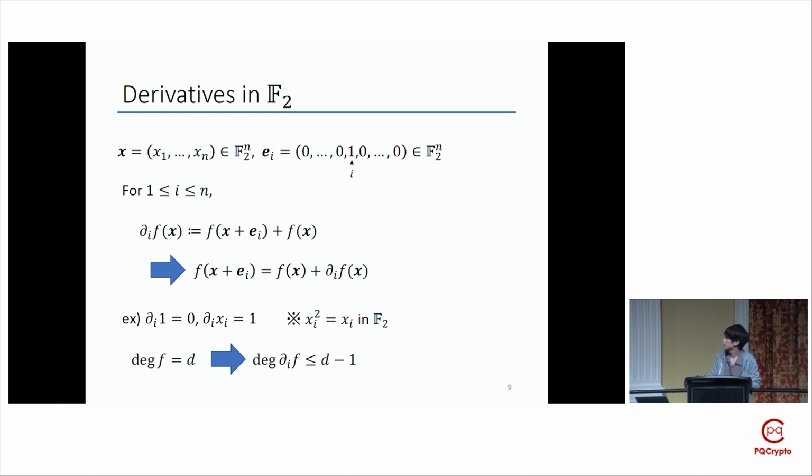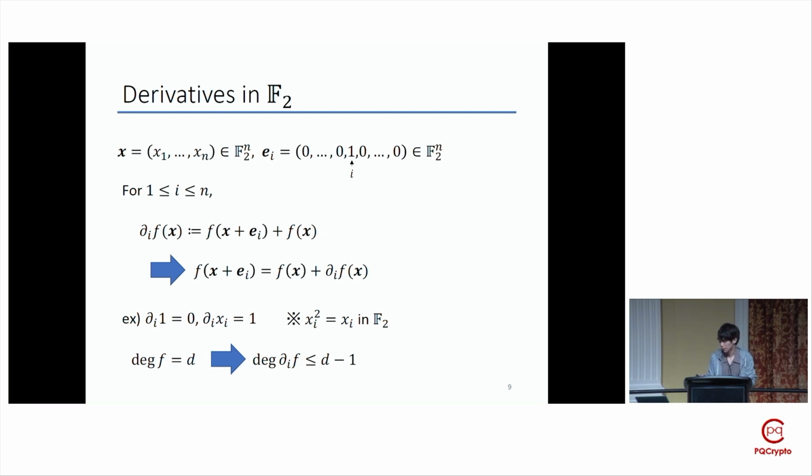And another technique is derivatives in the binary field. For any n-dimensional vector x over the binary field and the unit vector e_i, the i-th derivative of f, del_i f(x), is defined as f(x + e_i) plus f(x).